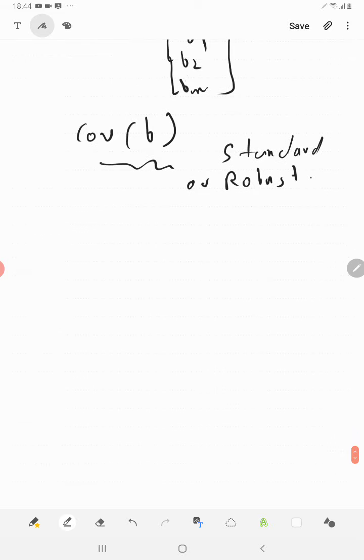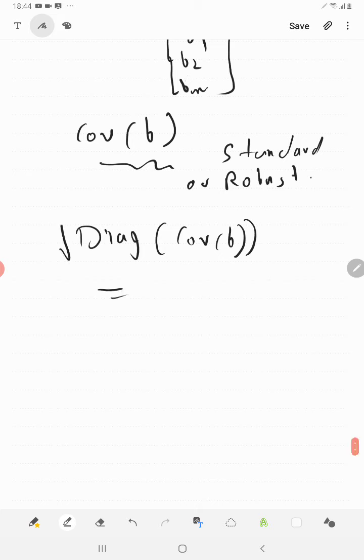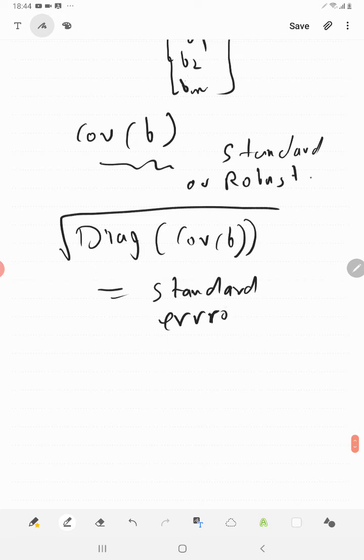Now, if we take the diagonal of the covariance of B, and we take the square root of that, it will give you standard errors, okay? This will be the standard errors. Now, if we use robust, we get the robust standard errors or robust errors.